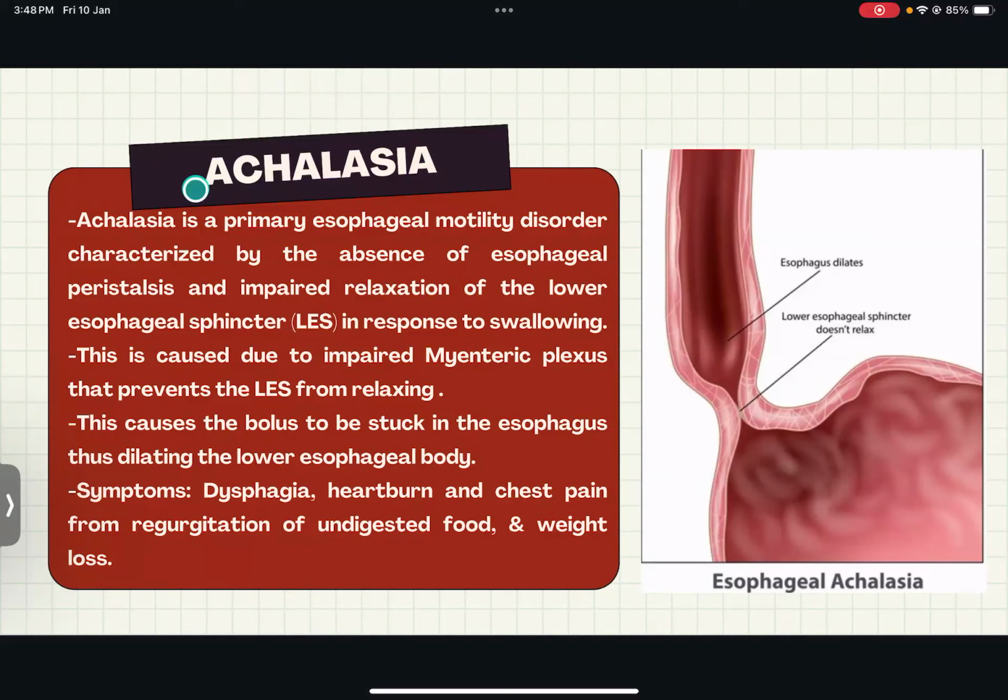This is one of the scenarios where they tell you what the diagnosis is, but they ask you about something else about the disease. In this case, they're asking about the manometry. Remember what changes happened in the manometry? We said that the upper half is good.